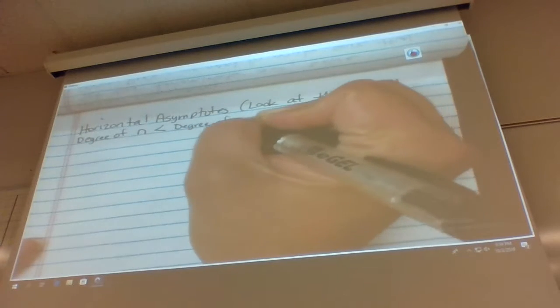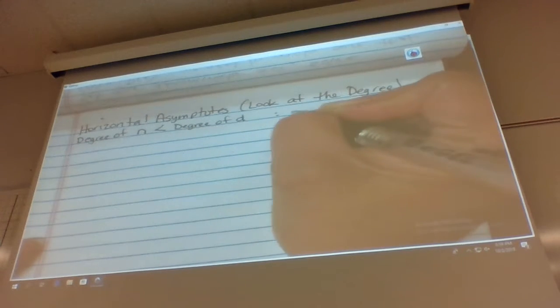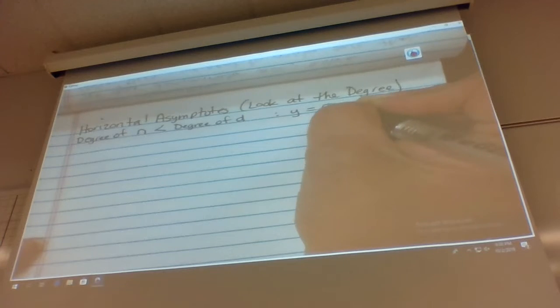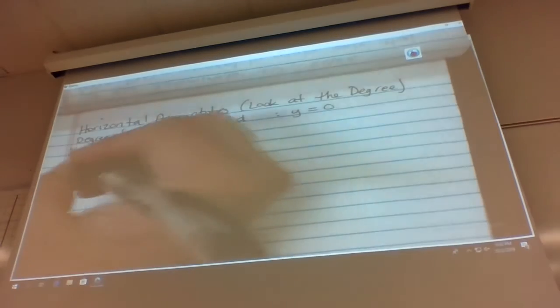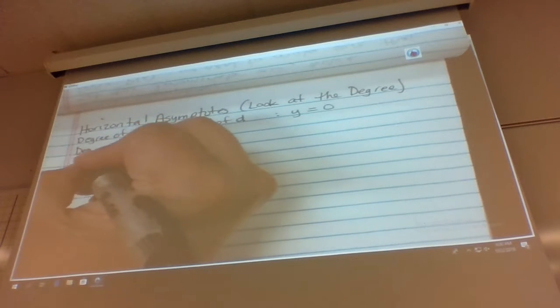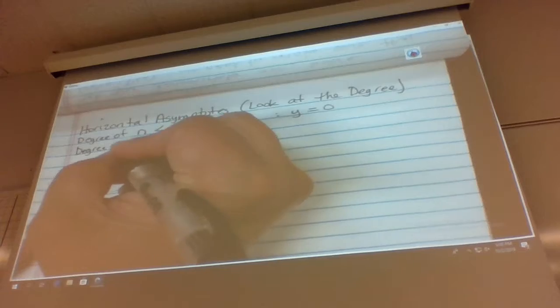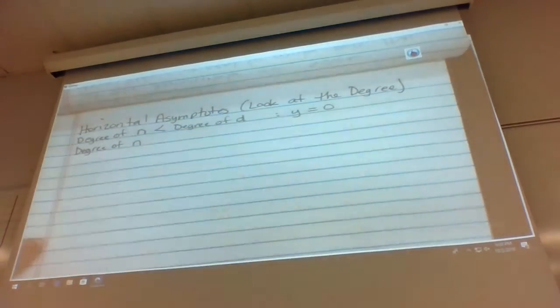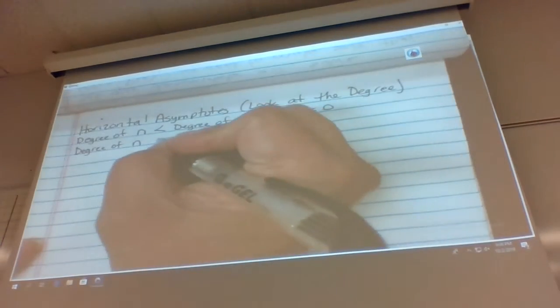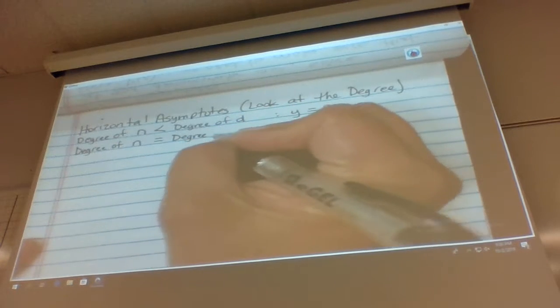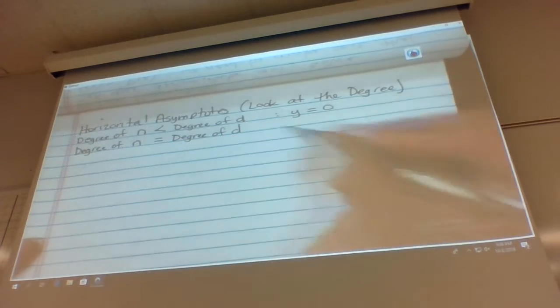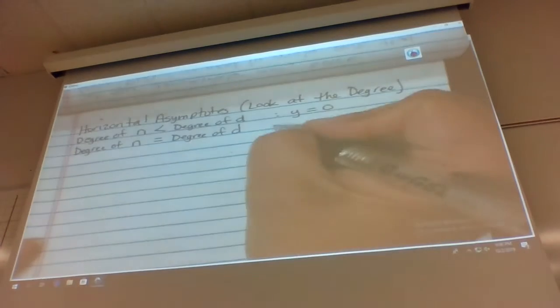If the degree of n, meaning your numerator, is equal to the degree of d, which is your denominator, then your horizontal asymptote is going to be at y equals LC over LC, and LC stands for leading coefficient.